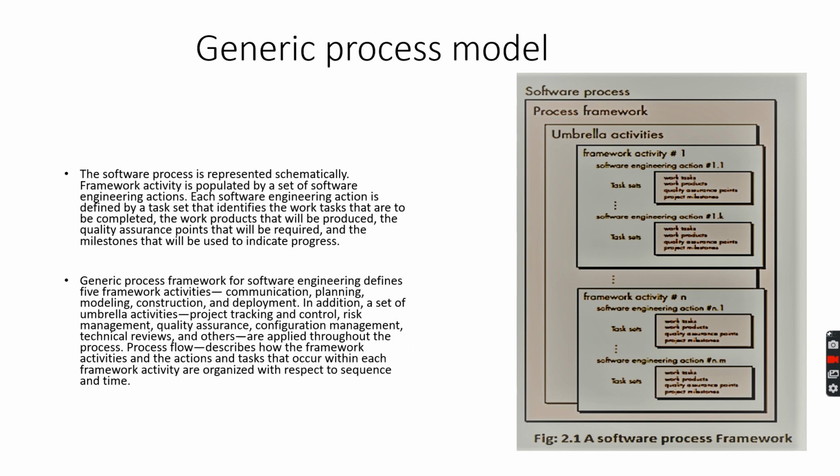In addition, a set of umbrella activities, such as project tracking and control, risk management, quality assurance, configuration management, technical reviews, and others, are applied throughout the process in order to make the project much smoother and more manageable.